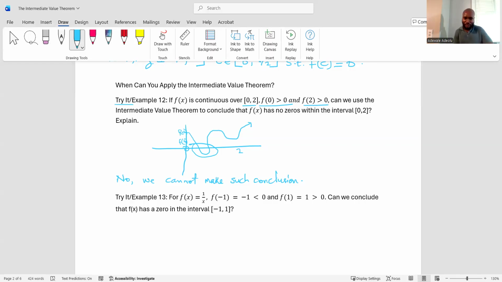I hope that makes sense to you. Let us think about this. Suppose f of x equals, let me just use equals to.